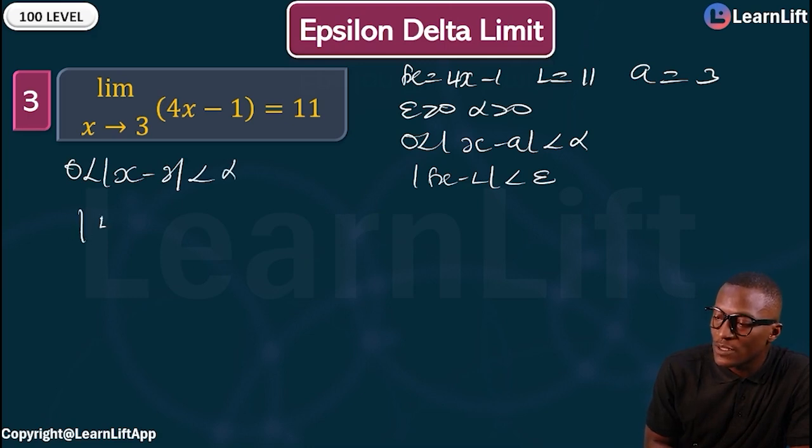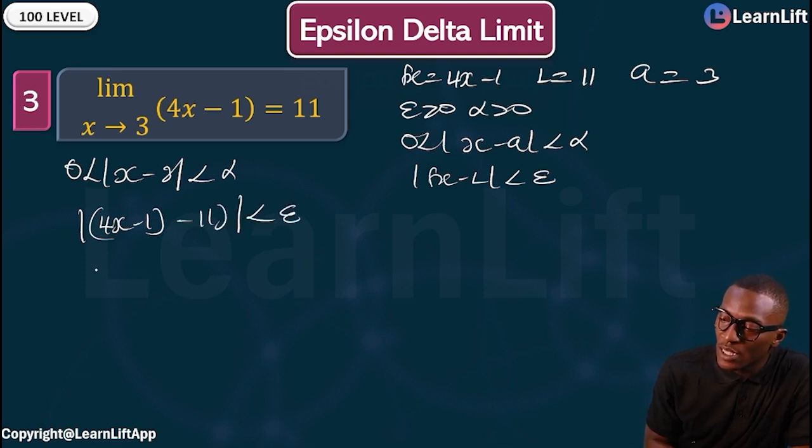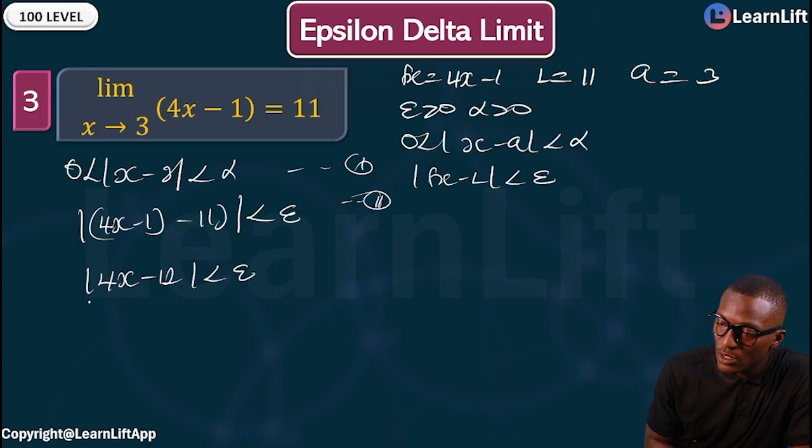And absolute 4x minus 1 minus 11 is less than epsilon. This is equation 1, this is equation 2. That is absolute 4x minus 12 less than epsilon. 4 is common, so that's 4 times absolute x minus 3, less than epsilon.